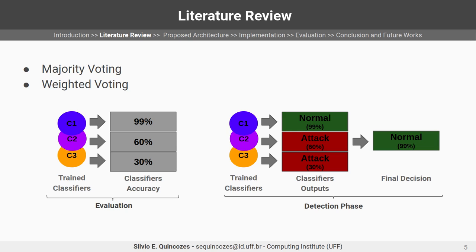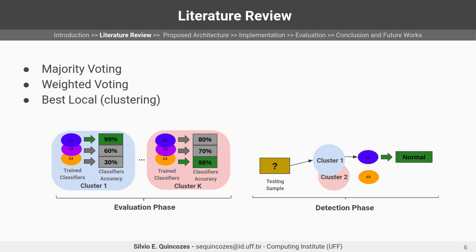So by weighted voting, we take the result from classifier 1 as the final decision.